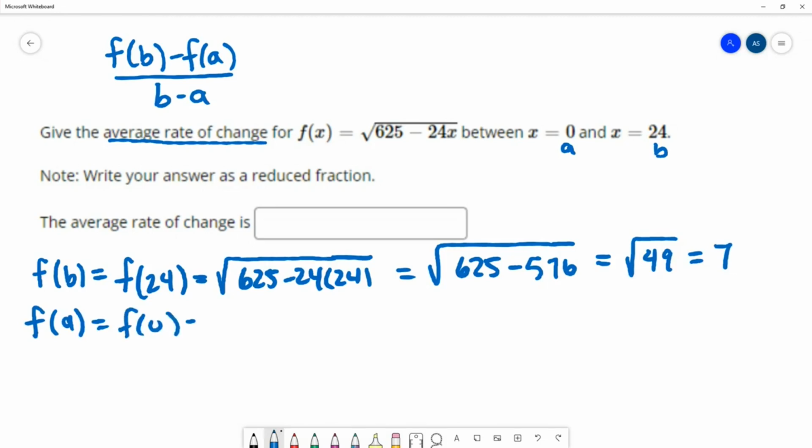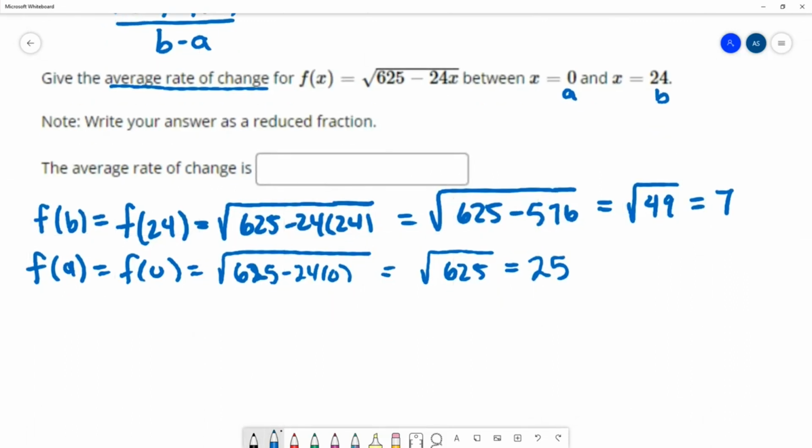That's f of 0. Square root of 625 minus 24 times 0. That's going to be the square root of 625. And the square root of 625 is 25.